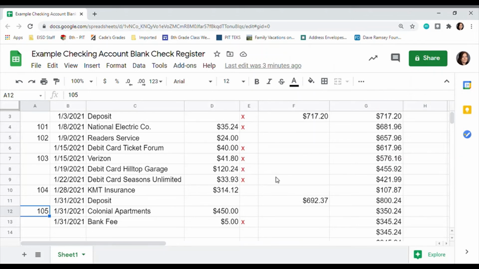So on your Google Sheet, you need to make sure that you have X's in the correct place, and you are ready to begin filling out the account reconciliation form on page 3 in your booklet.